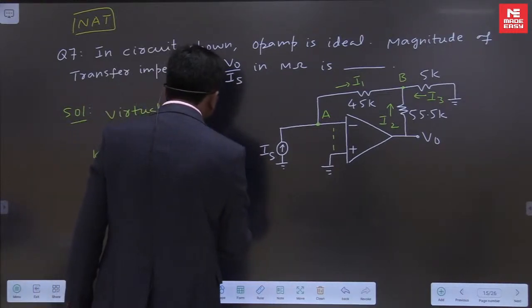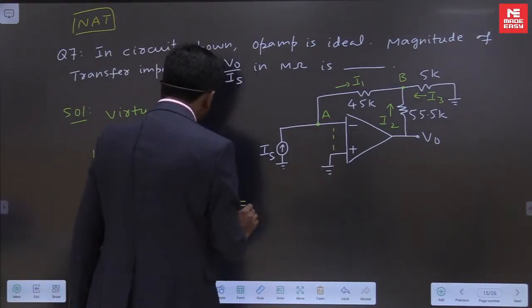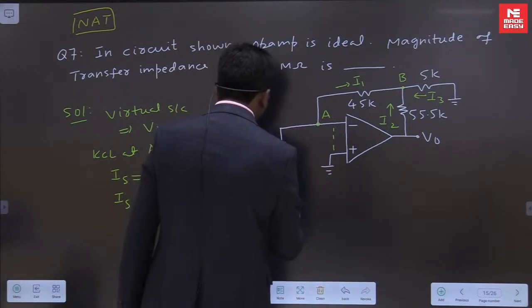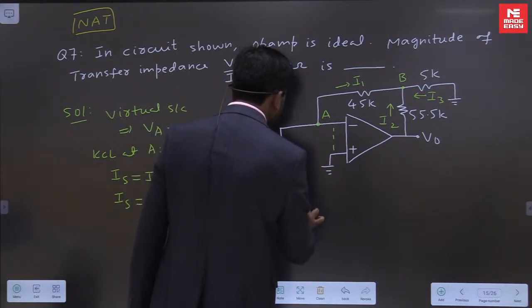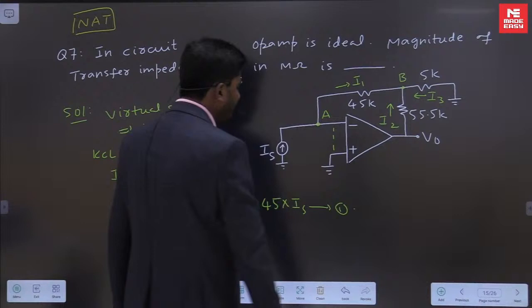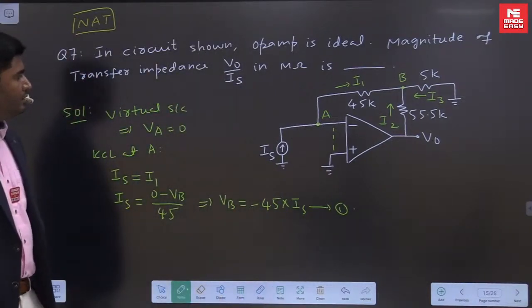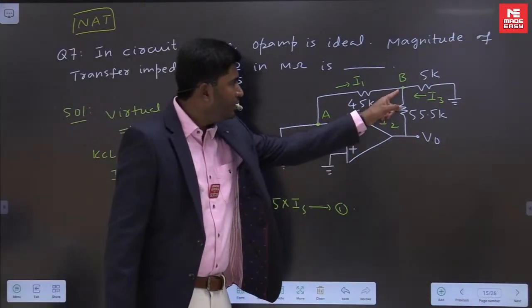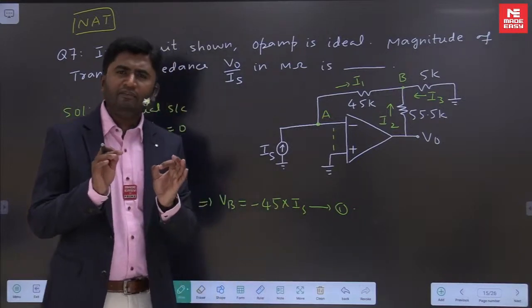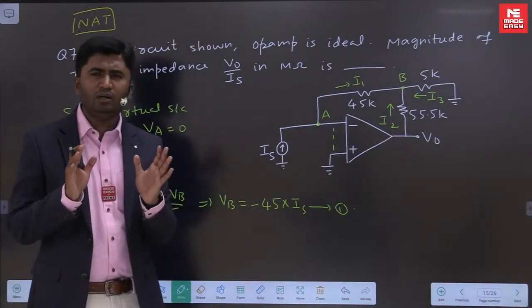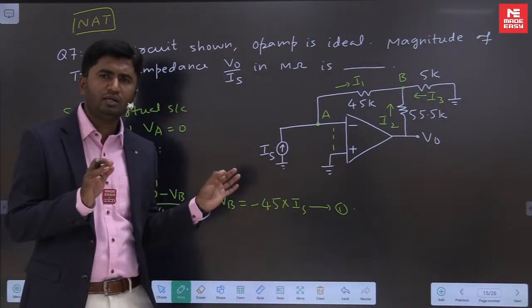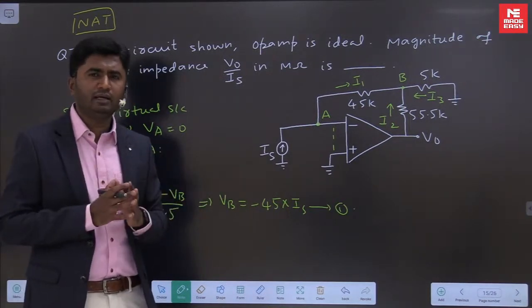So from here I will be getting VB equal to minus 45 into IS. Let us call it equation 1. Then use KCL at node B. These negative feedback op-amp circuits are very easy to analyze. Use the virtual short circuit property and then start using KCL.